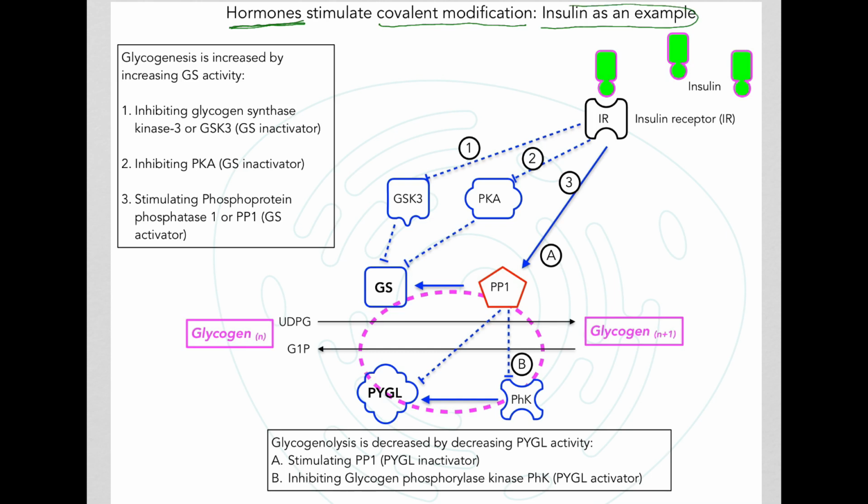We'll use insulin as a signal. It's a hormone, and we'll see how insulin regulates glycogen metabolism by regulating this enzyme glycogen synthase, which is involved in glycogen synthesis, as well as by regulating glycogen phosphorylase, which is involved in the breakdown of glycogen.